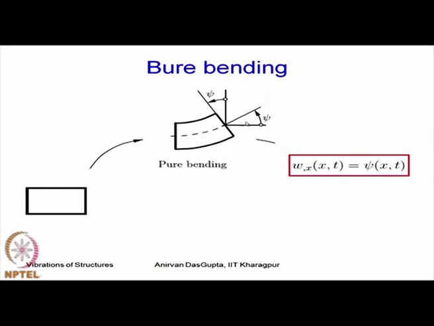This is known as pure bending. In this case, the slope is nothing but this angle psi that I have indicated. When a beam undergoes pure bending, the slope of the neutral fiber, we remember that we are always tracking the deflection and the slope of the neutral fiber, is this angle.